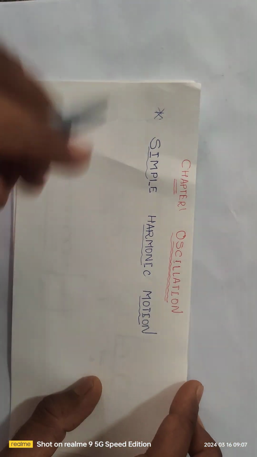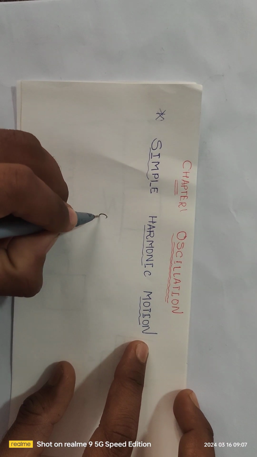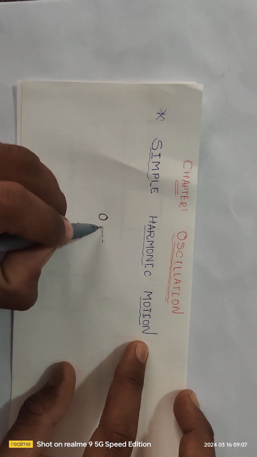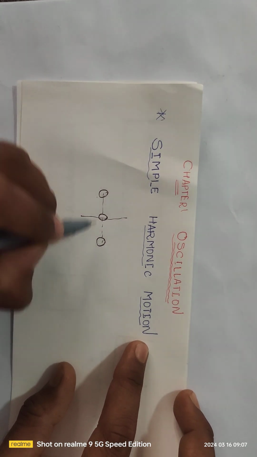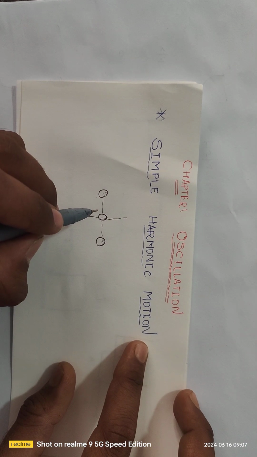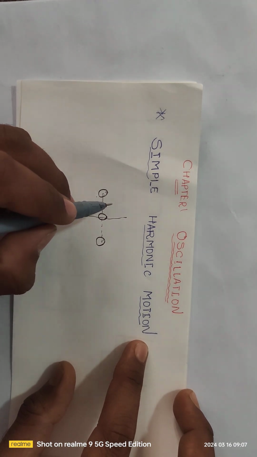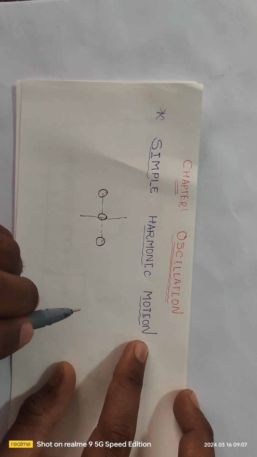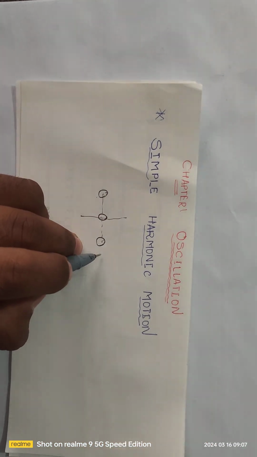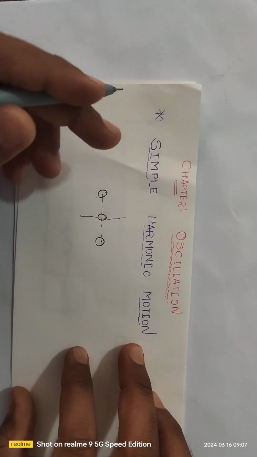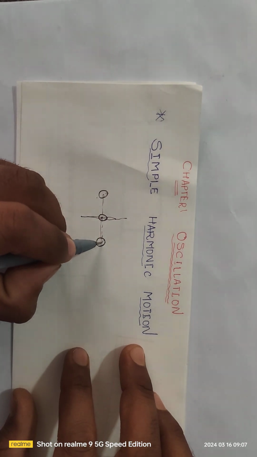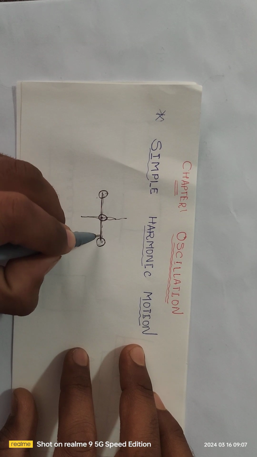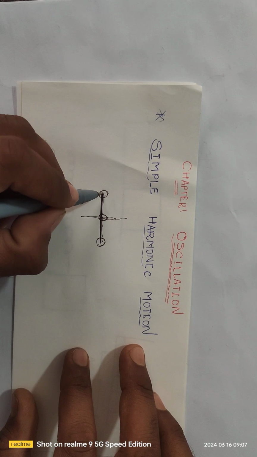In oscillations, a particle moves to and fro or back and forth about its equilibrium position. Like here, this is the equilibrium position and this is the particle. The particle moves this way, so it is called oscillation.